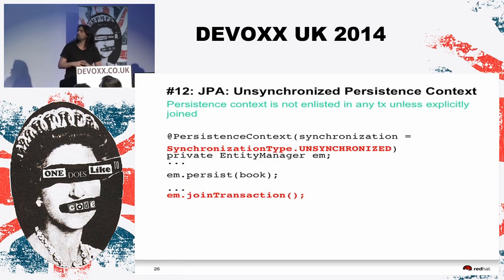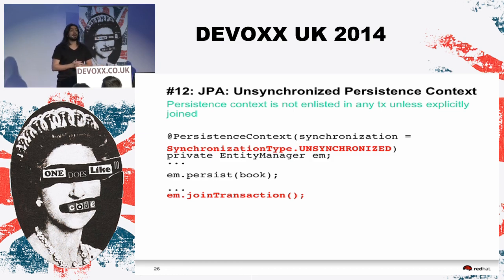Until now, in Java EE, we had two kinds of entity managers. The default was that the persistence context life cycle was attached to the transaction. So if you don't specify anything, you just go @PersistenceContext. The default was the life cycle of my persistence context is attached to the transaction.